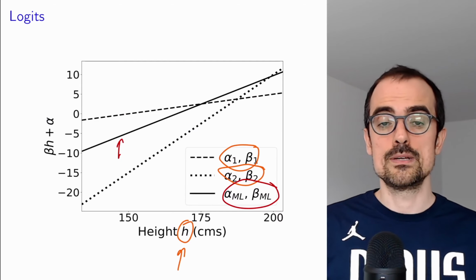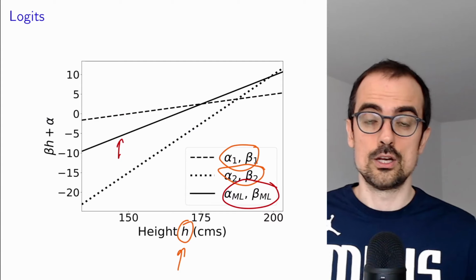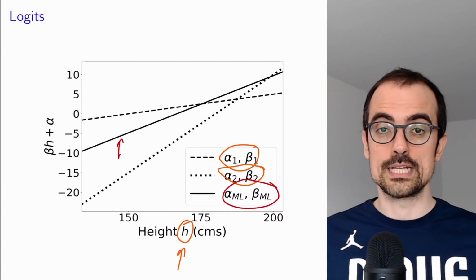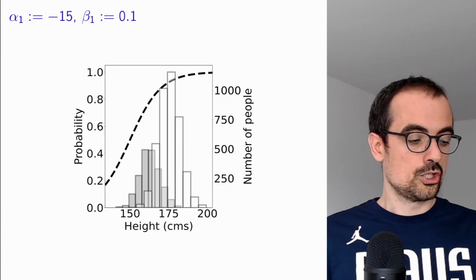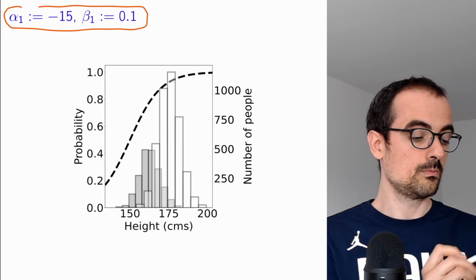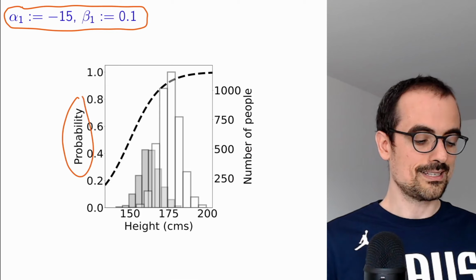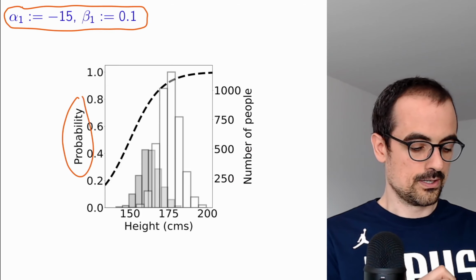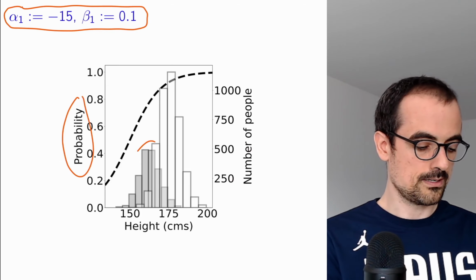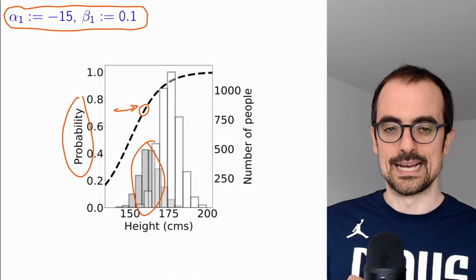Now let's see what happens when we put these linear functions through the logistic function in order to get probability estimates. So this is for one of these two values that are not the maximum. We see that the probability estimates, which are here in the y-axis, are not amazing. Okay, there's many women for which the probability of being a man is pretty high.